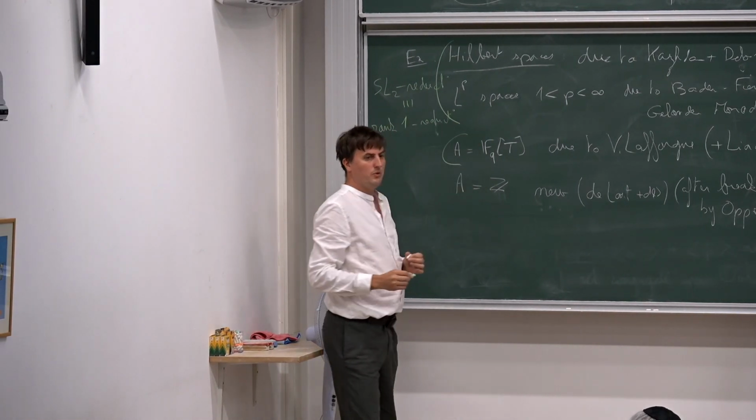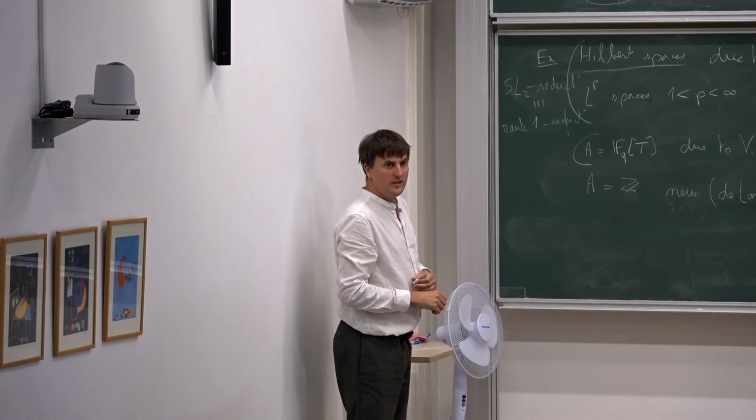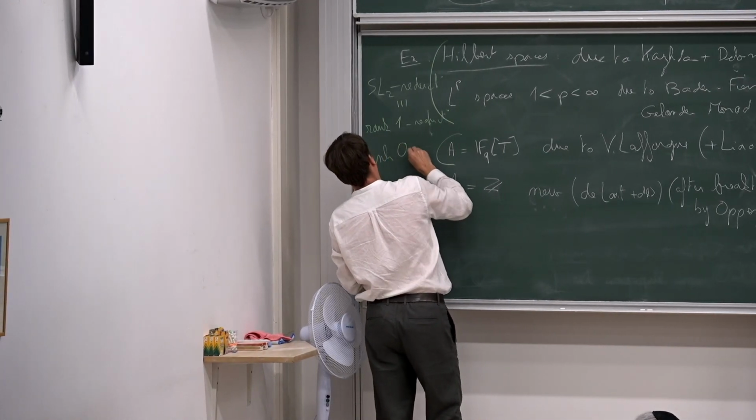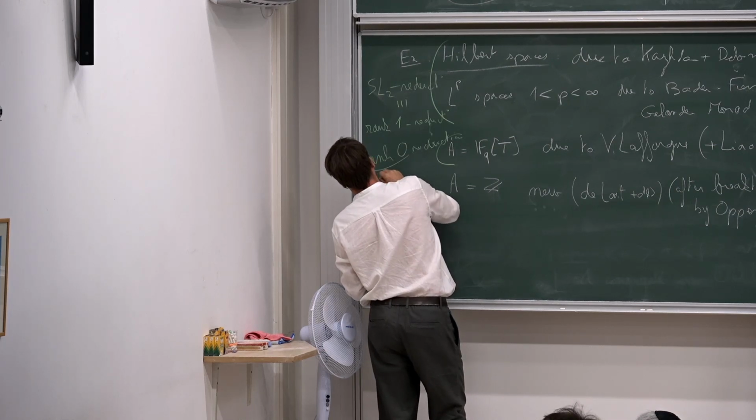Okay, so this was the standard approach. Now Lafforgue's proof is again a reduction, but it's a rank 0 reduction. What I mean by that is that rank 0 is the same as compact.